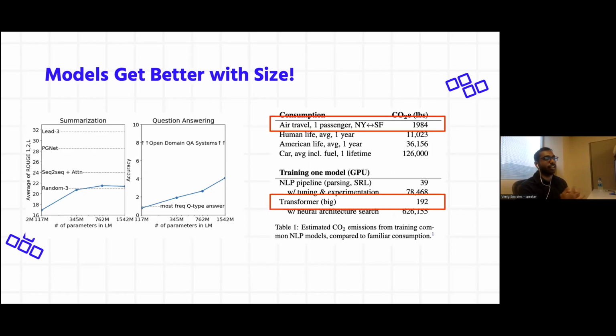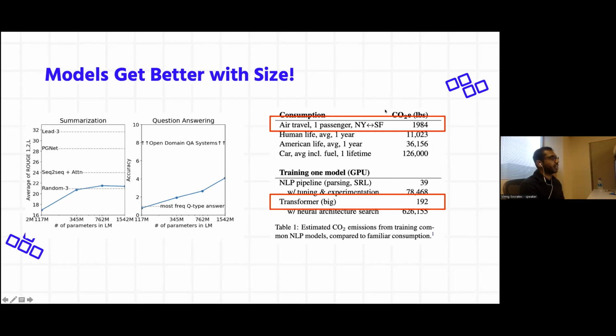But we don't get all of that for free. People have done studies on how expensive it is to train these models, and there's a study that came out recently on how much of an environmental impact training these models costs. These models run for weeks or even months to train. Let's say, for example, one of you is flying from New York to San Francisco.